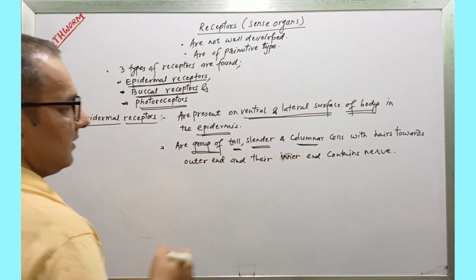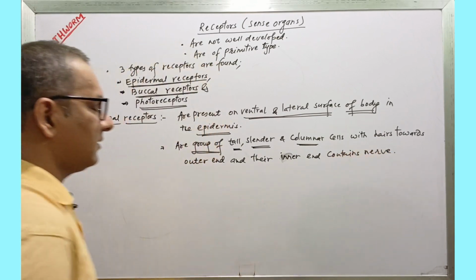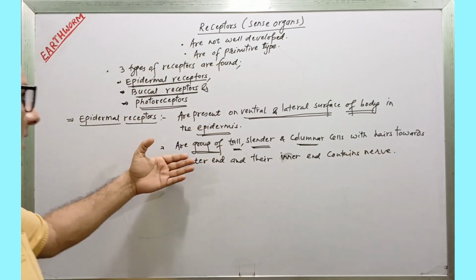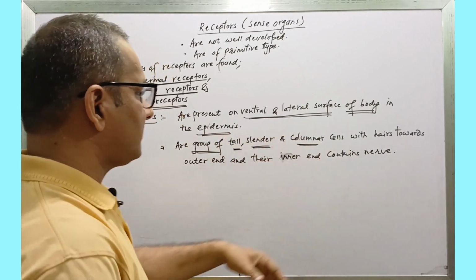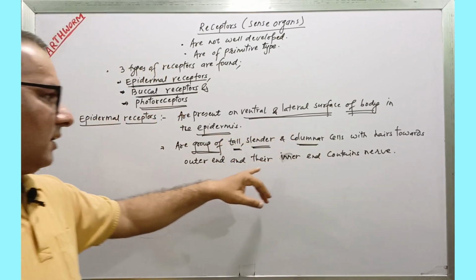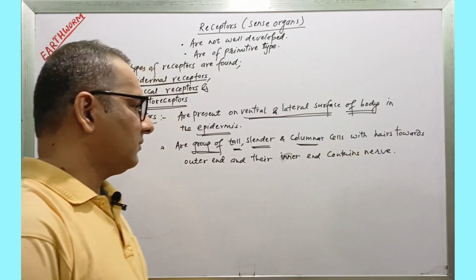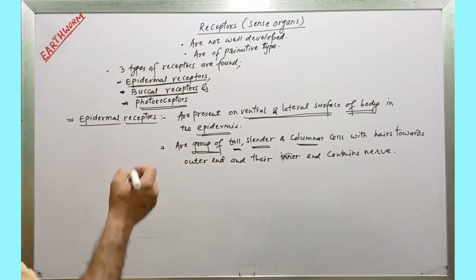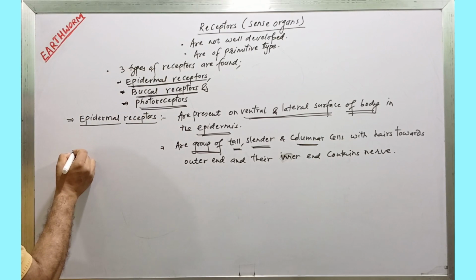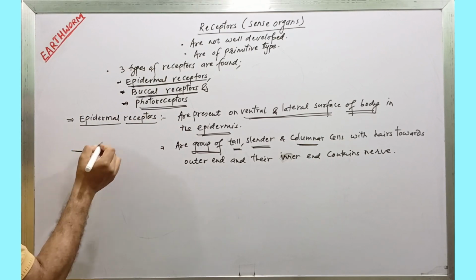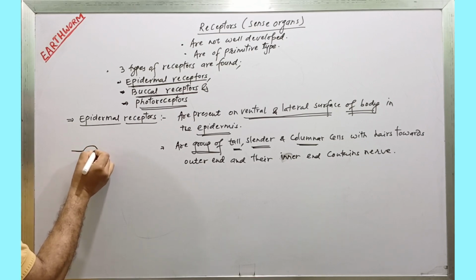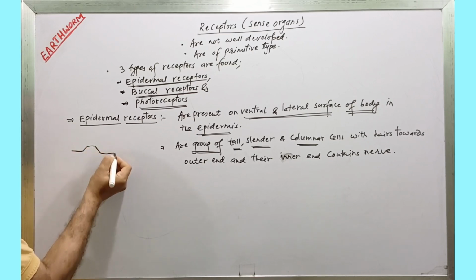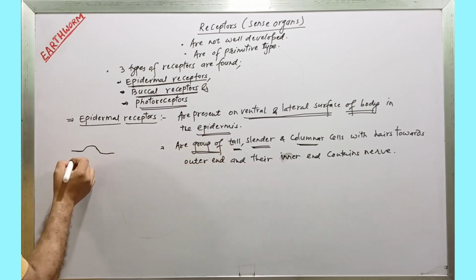If we draw them, this is the outer layer, the cuticle, and at the place where they are present, the cuticle is slightly raised due to the presence of the hairs on the cell.